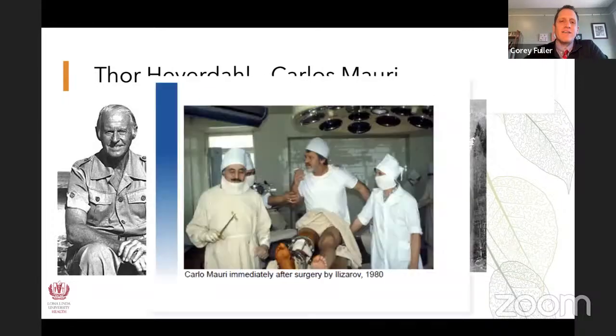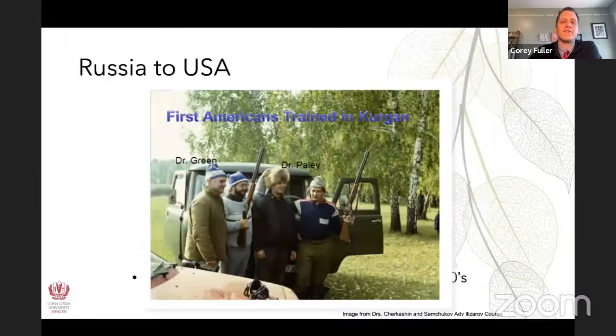He was an Italian explorer. He heard about Elizarov, traveled to Russia, and had a successful surgery done. And you can see him here smoking. This was 1980, right after his surgery, which is not recommended. And that's when knowledge really left the country of Russia and entered Italy specifically.